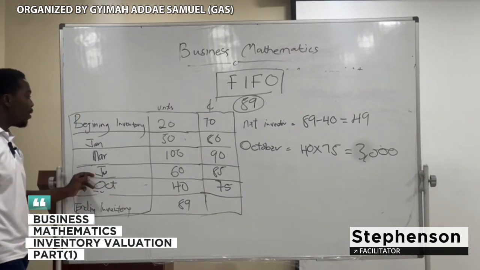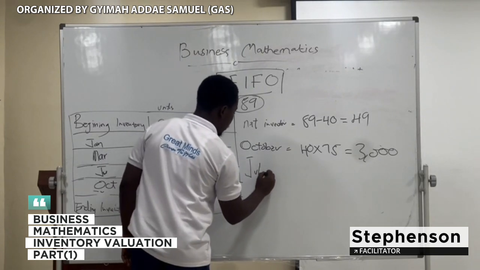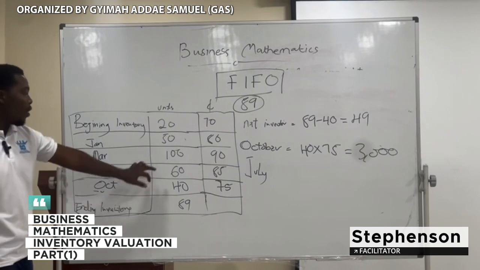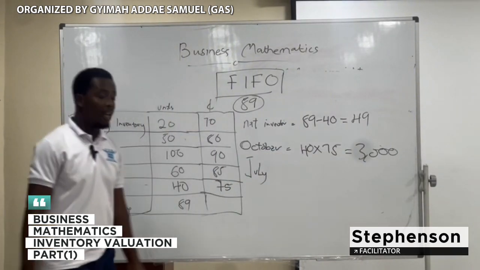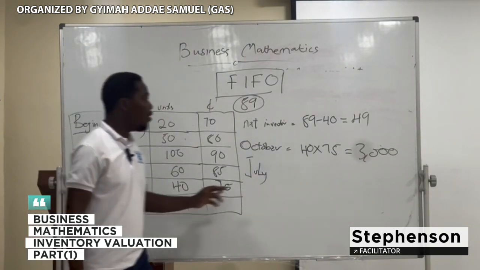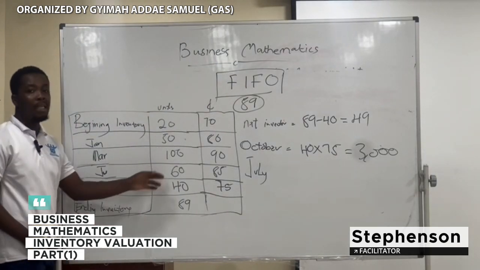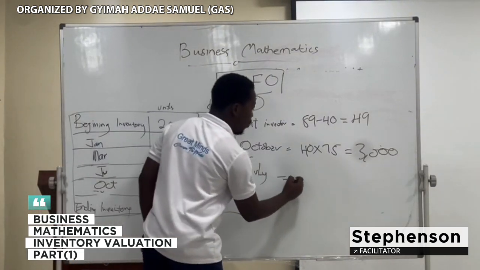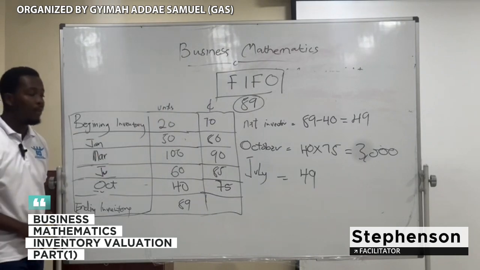With the next month, we have July. We can see that July has 60, and our inventory is left with 49. So July can only take 49 of our inventory. It can't take 60, because we are left with only 49.